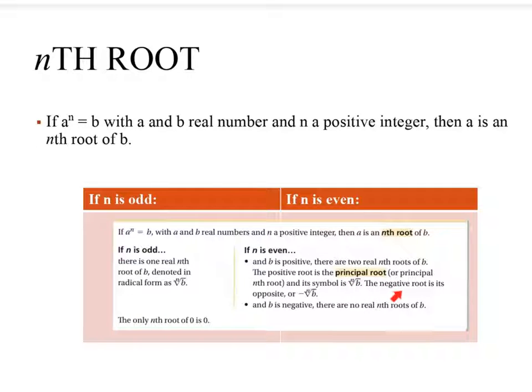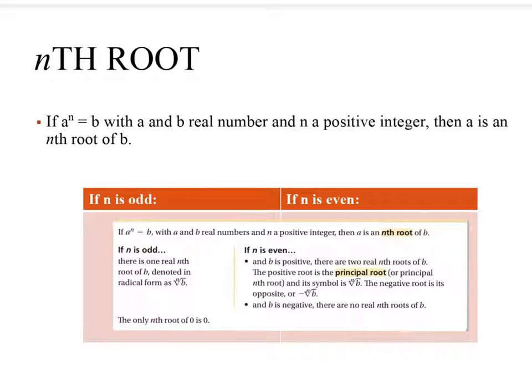The negative root is its opposite, the negative of the nth root of b. Now, again, if n is even, and b is negative, there are no real nth roots of b. That's when it's even.